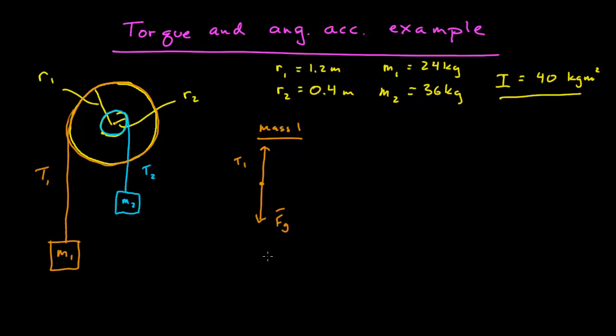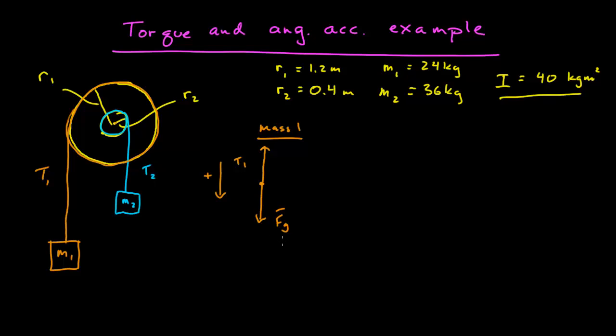Mass 1 is not as heavy as mass 2, but it's further out. I'm going to guess, and if all my accelerations end up negative, then I can change it around. I'm going to guess that mass 1 is going to go down, and so I'm going to choose, just for my convenience, the positive to be down in this case.